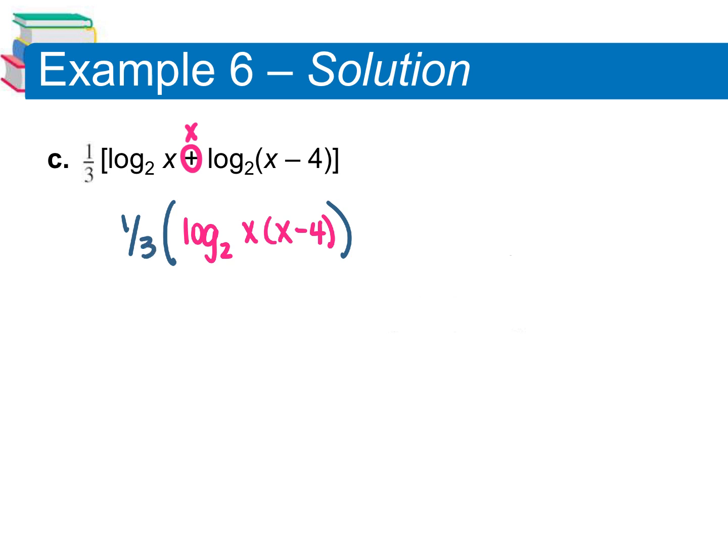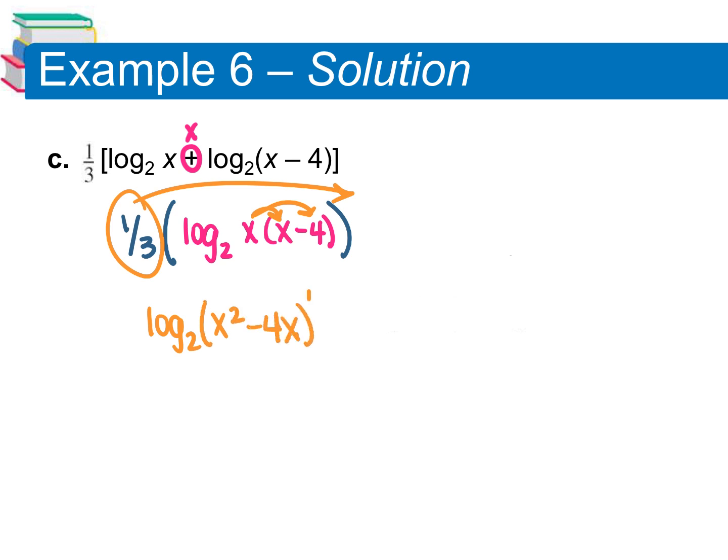So that power goes on the top of here. So think about it as if you were to factor or FOIL this in, or distribute that in. You'd have log 2 of x squared minus 4x. And this would be what's raised to the 1/3 power. So that means that you're going to have log 2 times the cube root of x times x minus 4.